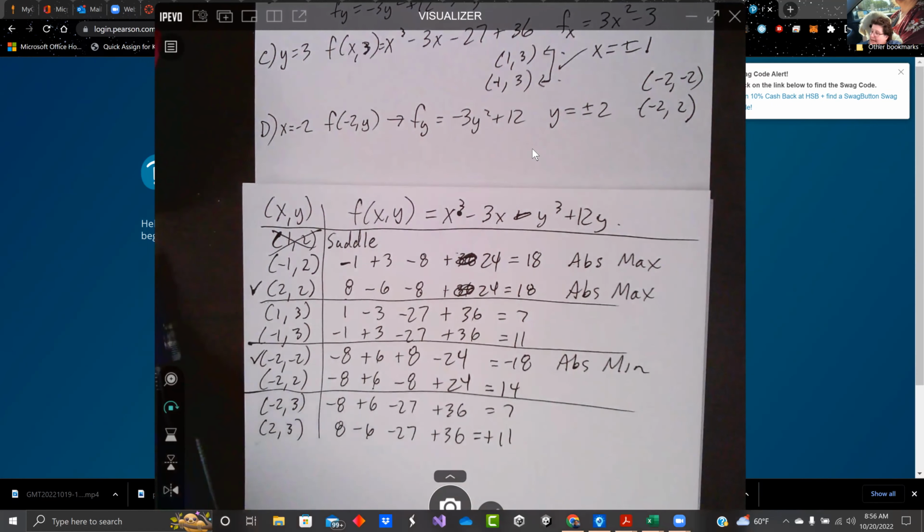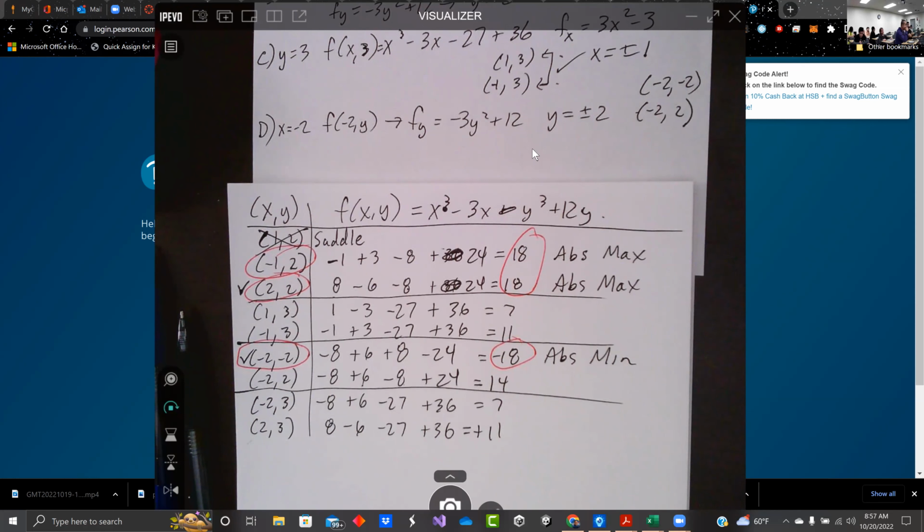We don't need a mark on the saddle point. Well, no, because the saddle point would never be an absolute max or an absolute min. The saddle point cannot be either, because in one direction it's got a negative slope, and in the other direction it's got a positive slope. There's a point below it and a point above it by definition on the saddle point. It's like the 3D version of an inflection point.